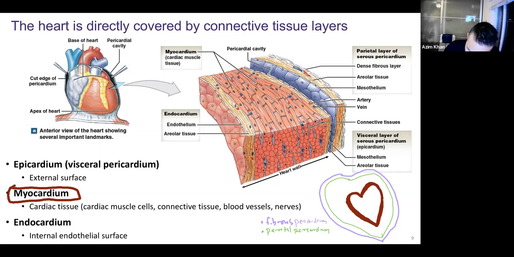Then you have, directly against the heart, you have the visceral pericardium.